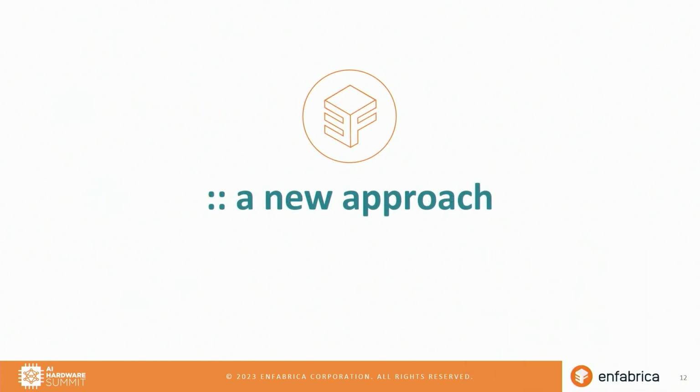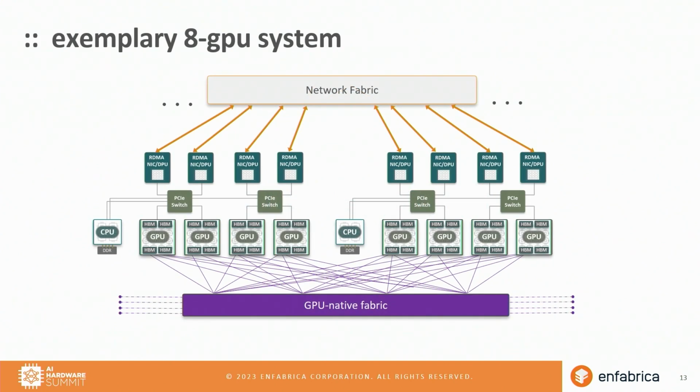So Enfabrica would like to share its perspective on this, which is to consider a new approach compared to the systems that are built today. Consider that exemplary 8 GPU system as it exists now. We talked about having the switch tray being one of those components of that.